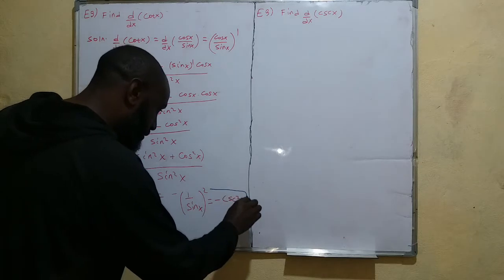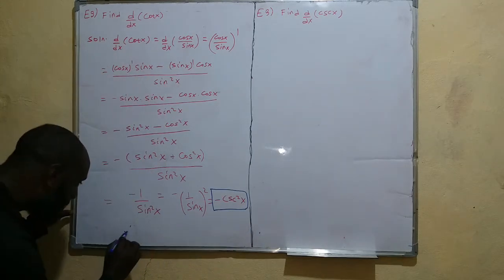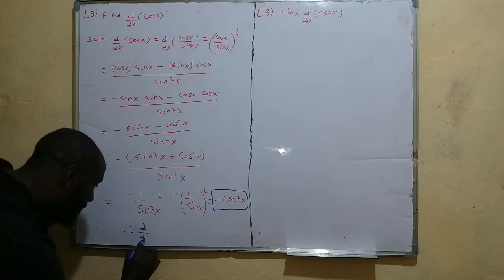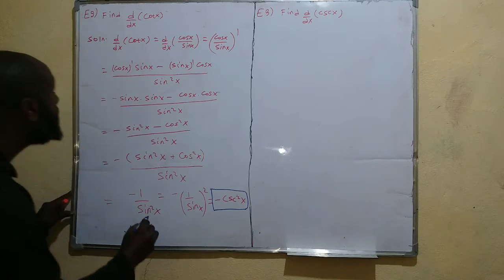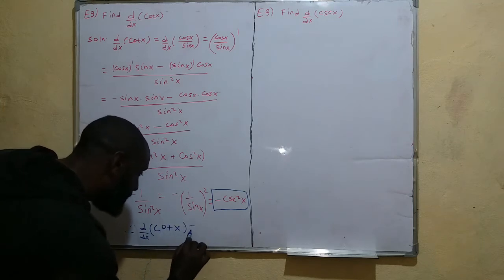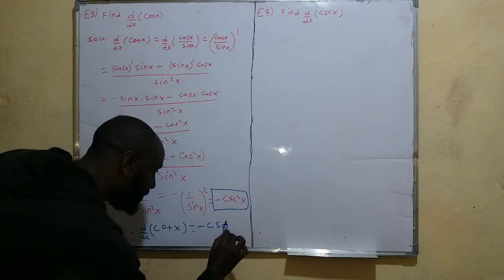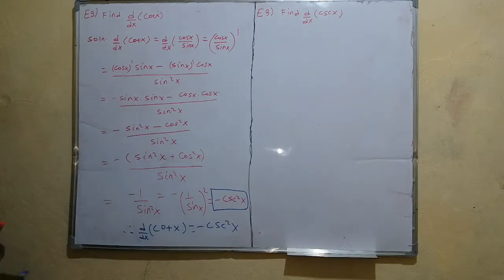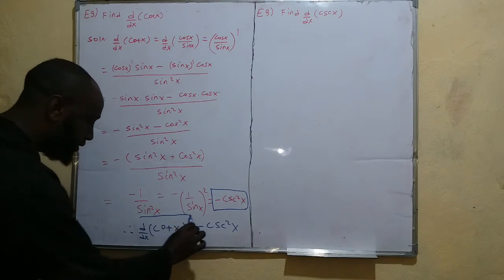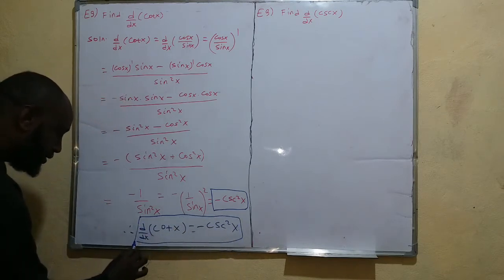This is the result of this one, or simply d by dx of cot x is nothing but minus cosec square x. This is the result.